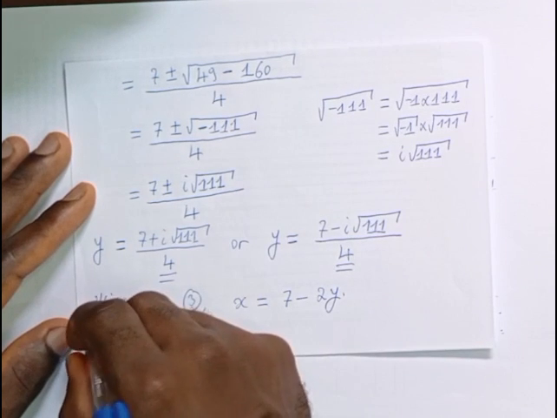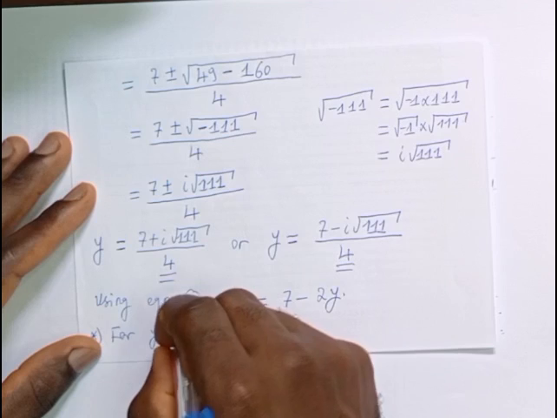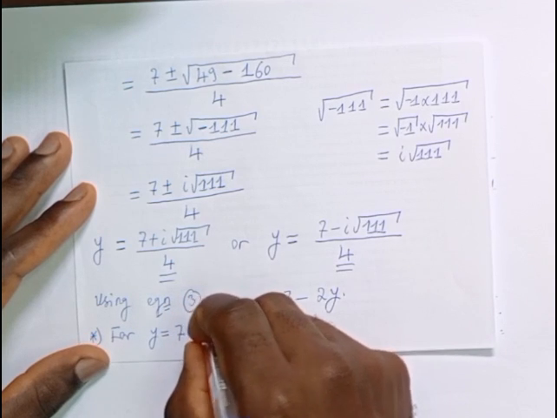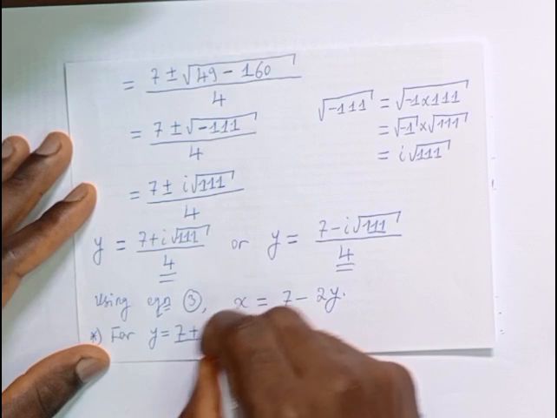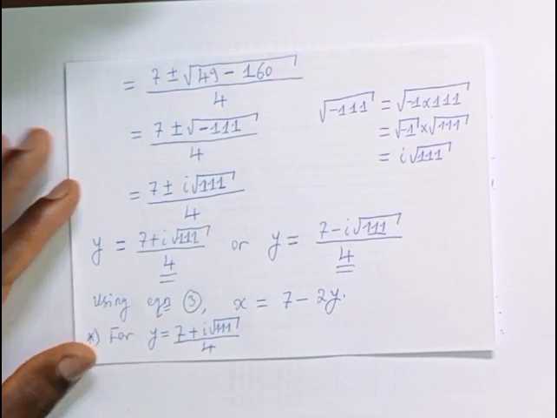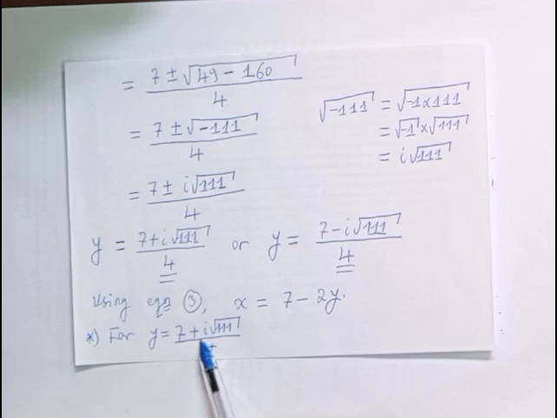We take the first value for y equal to 7 plus i root 111 all over 4. We have to find the value of x. That means we have to replace y with this value.